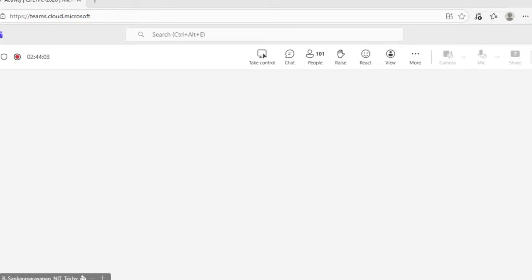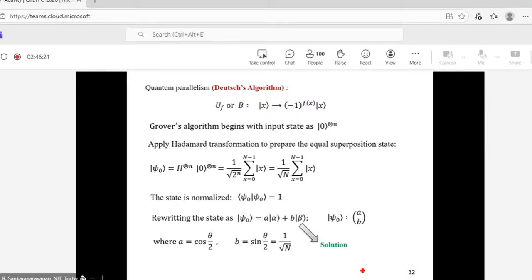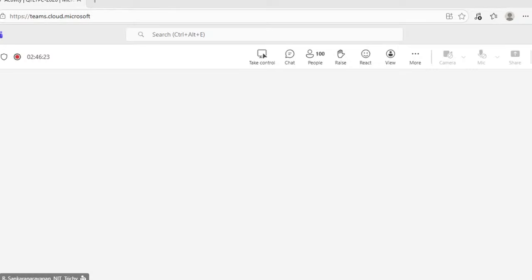There is a concept called quantum parallelism due to Deutsch, which says that if you have a register x, you can always construct an operation which goes from x to this state.